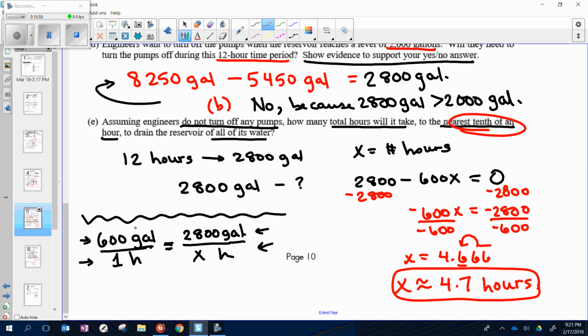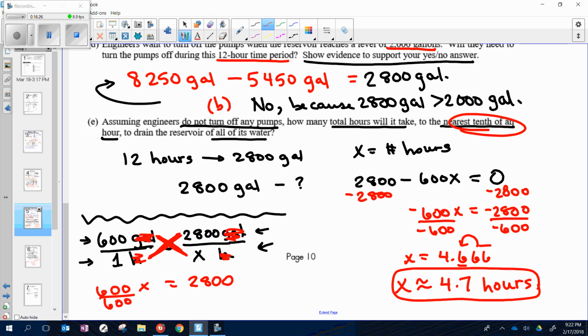And I don't know if you guys learned about cross multiplication, but this cross product should be equal to this cross product if this is a true proportion. So you can cross multiply and say 600x, you kind of ignore the units once you get it set up. 600 times x would be equal to 2,800 times 1, which is just 2,800.